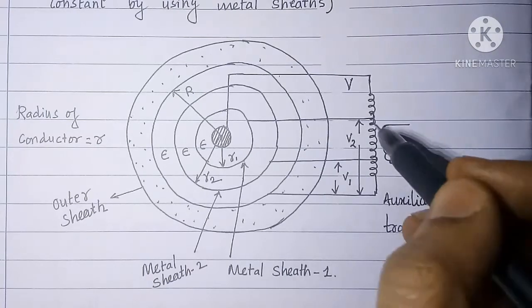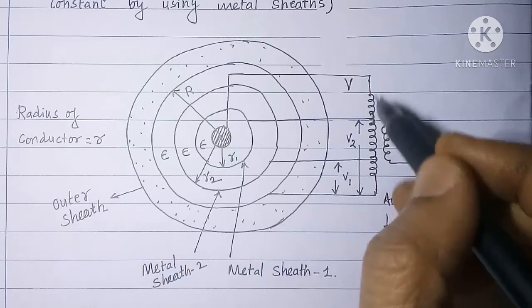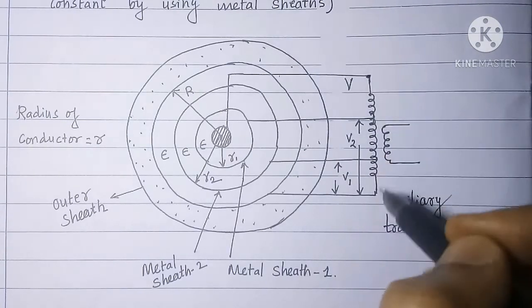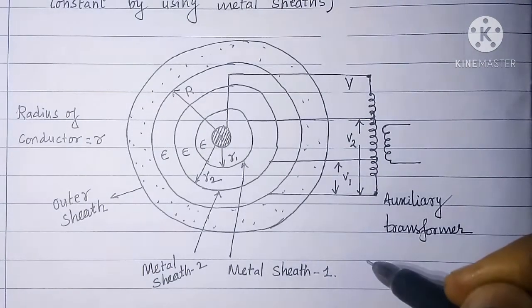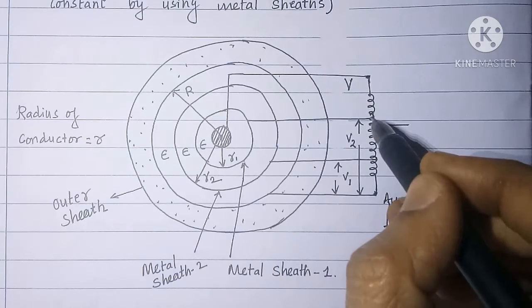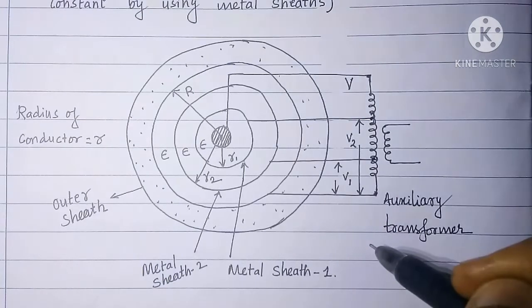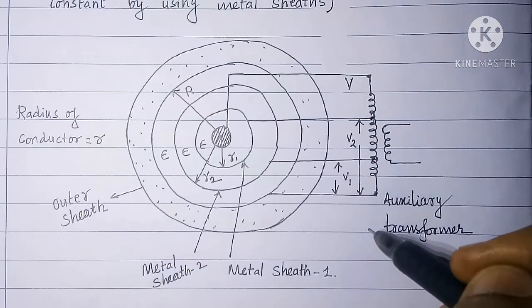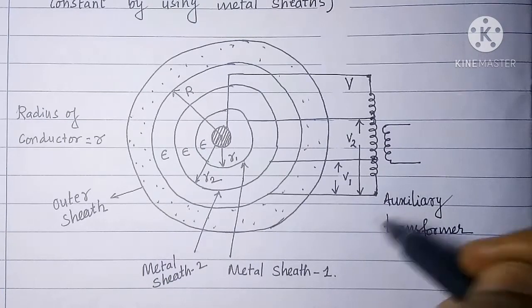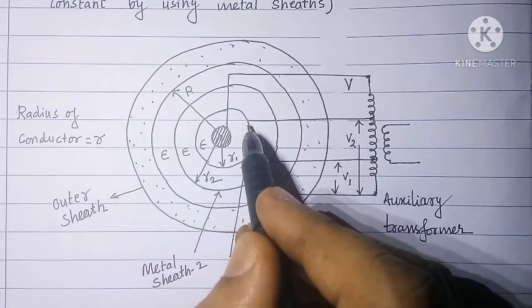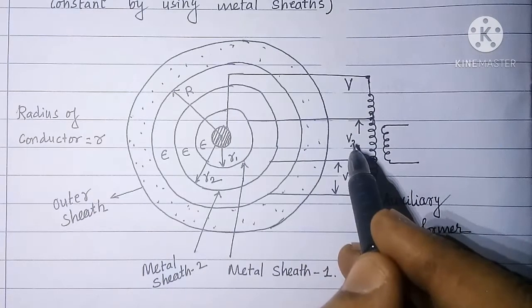So here you can see the end terminals of winding of auxiliary transformer and the tapped terminals here. Tapping is done so that the first metal sheath is kept at constant voltage of V2.